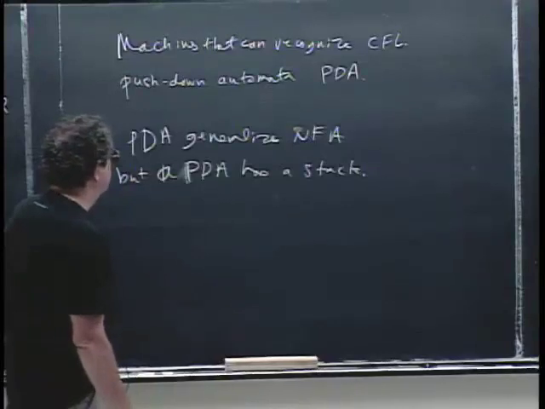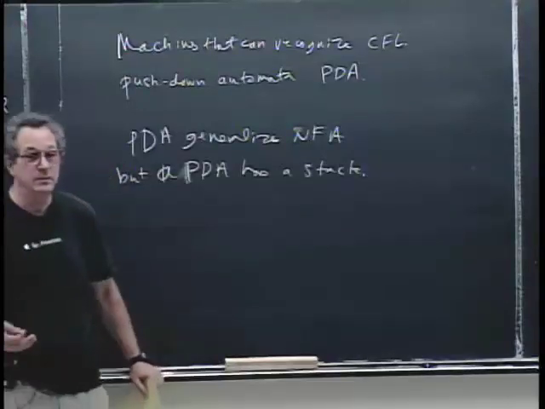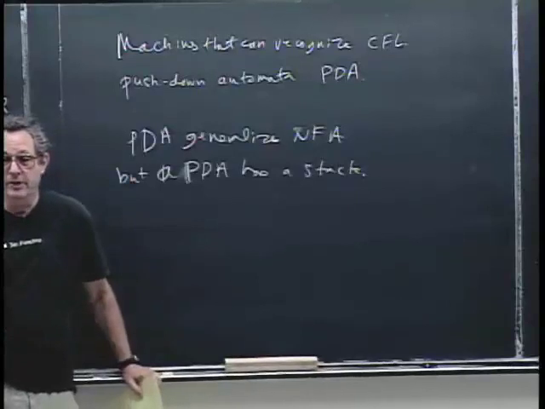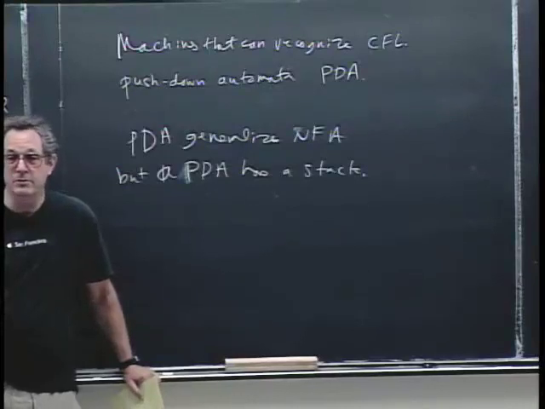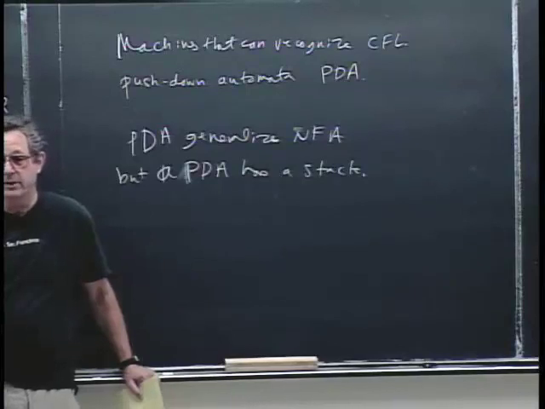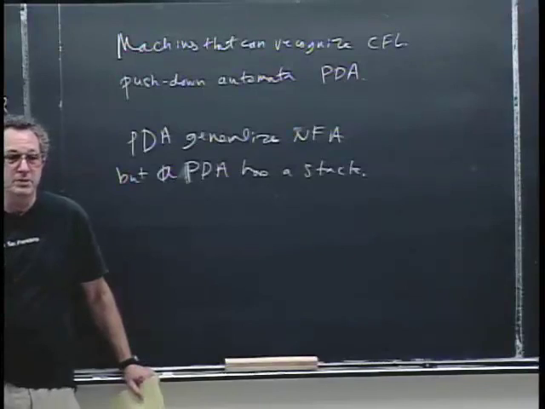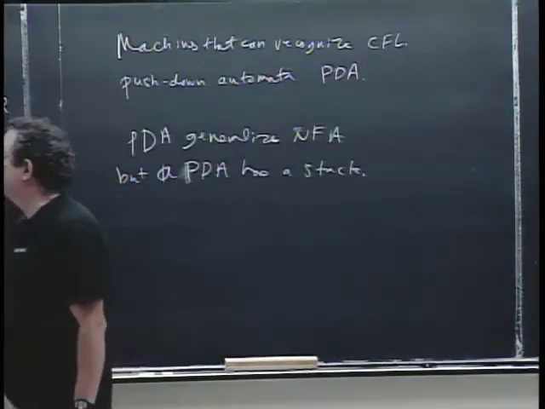So it's got some extra memory, unlike an NFA. How does an NFA remember anything? It remembers based on what state it's in. And you, as a designer of an NFA, have to encode whatever needs to be remembered in the particular states that you use. Sometimes it's not possible to remember what is necessary in order to recognize the language.